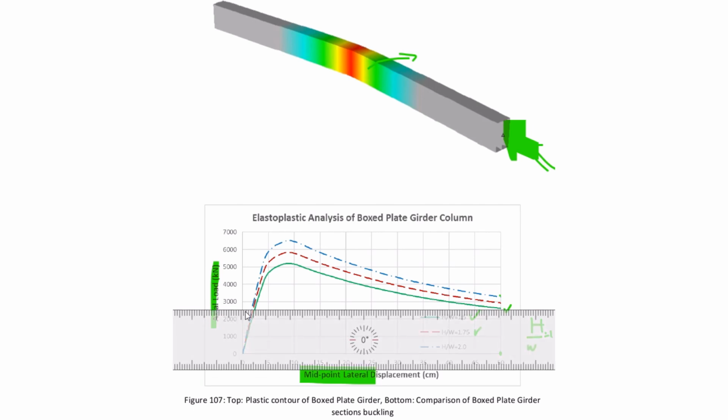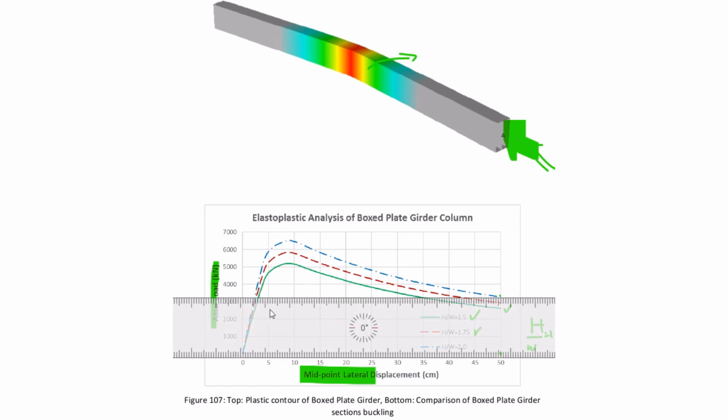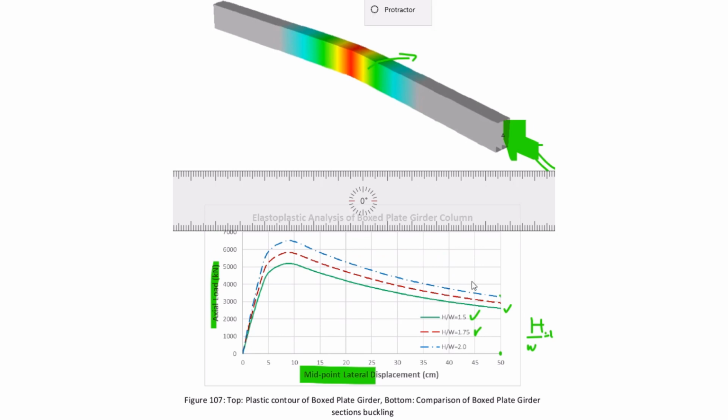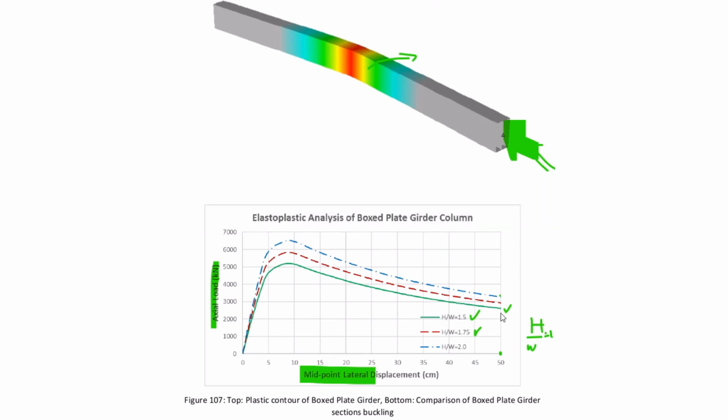It's coming around 2,800 something, and here it's coming 3.1 something. So H by W ratio, if it is more, it's giving more axial load. It's taking more axial load. This is the example for plastic contour of boxed plate girder, bottom compression of boxed plate girder sections buckling.